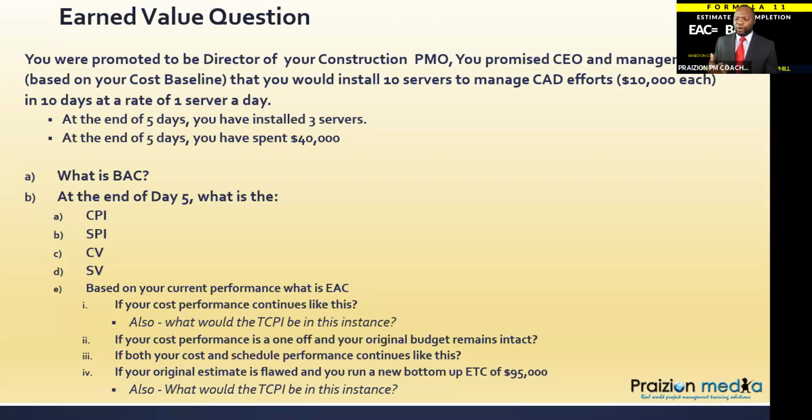So with all that I showed you, my friends, I would like you to attempt E and Roman numeral 1. If your cost performance continues like this, based on your current performance, what is EAC? So if you want to know where to get these, you need to go to page, I believe it's 267 in the PMBOK guide.